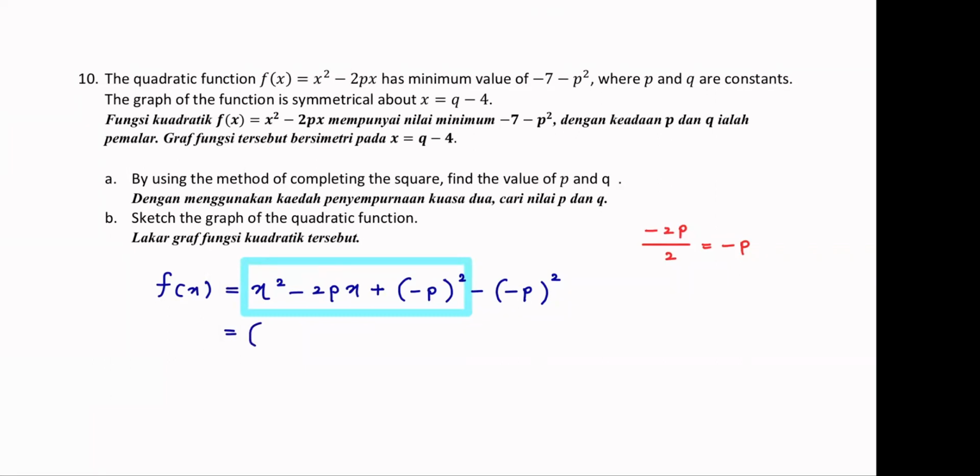Tengok ni. Senang saja. Huh? Tengok ha? X. Sebab ini X, letak sini X. Dalam bracket ni negative p. Letak tepi-tepi. So X and negative p group together like that, squared. So this one is minus. Guys, when I square, the negative p inside is going to be positive. So it becomes p squared.